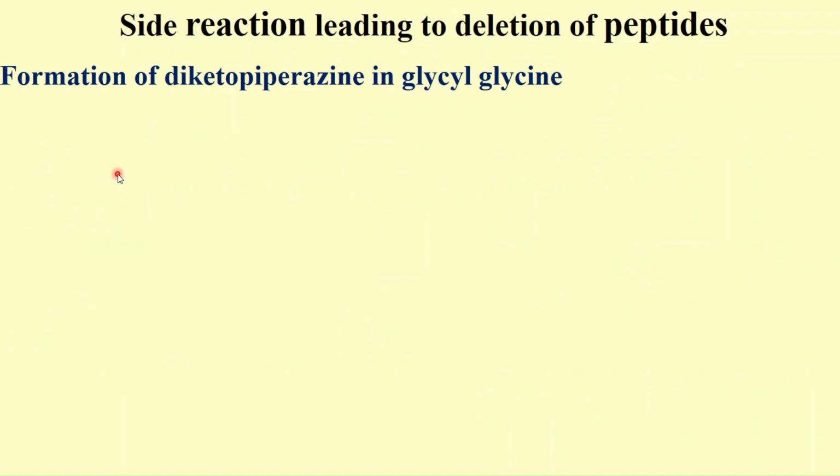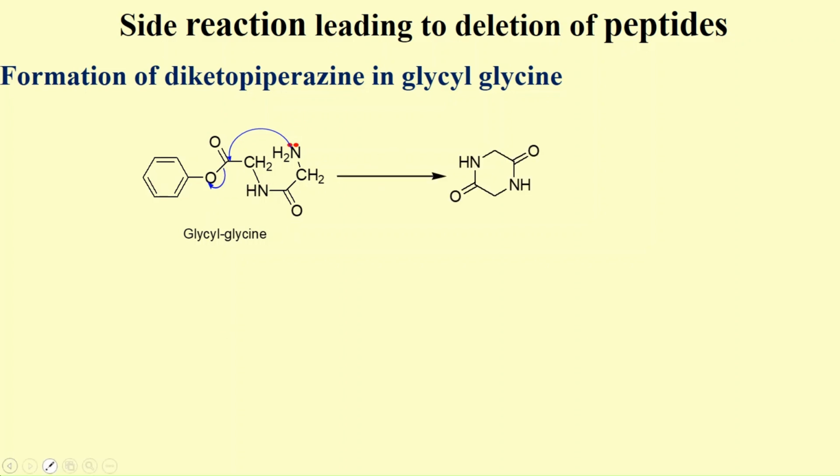And glycyl glycine has a lone pair of electrons, and when it is attached to the solid support, if it has been protected and activated as a benzyl ester, it gets cleaved from the solid support.